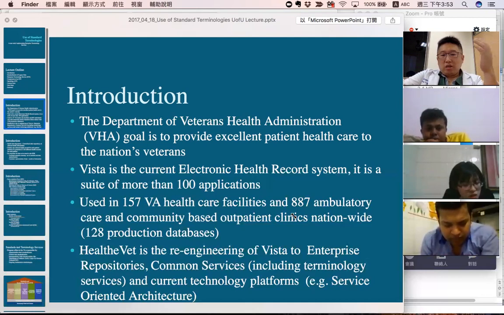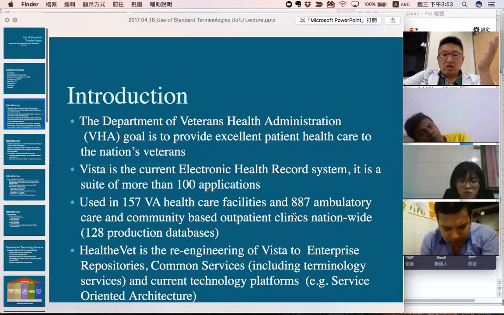Even in TMU, we have 3 affiliated hospitals, but even the president, the principal, cannot force everyone to use the same structure to exchange data. But the VA has that kind of privilege that they have one boss.